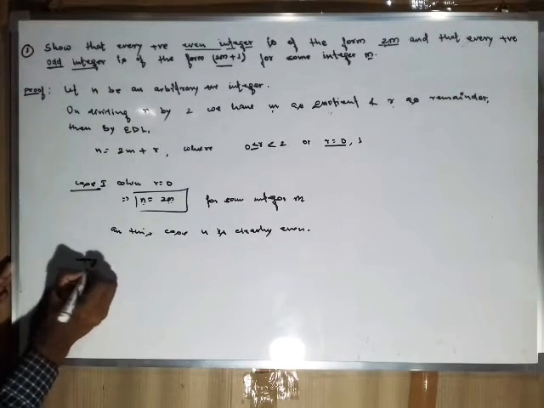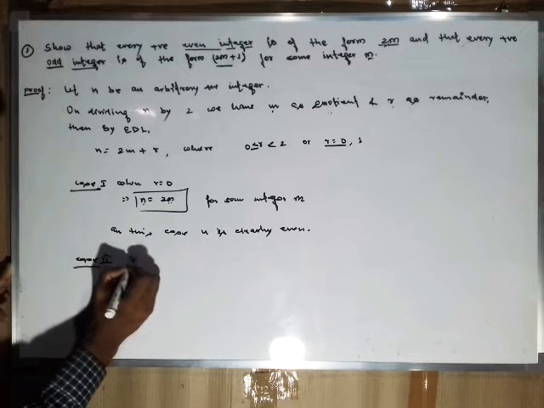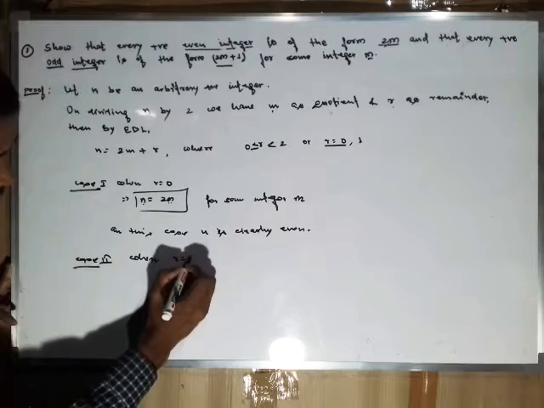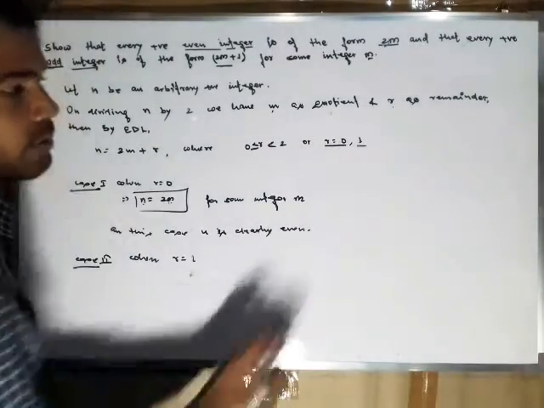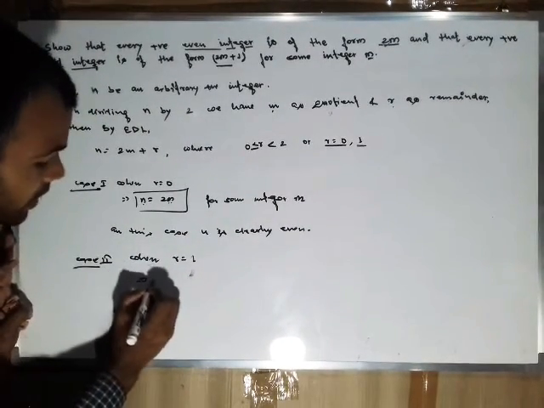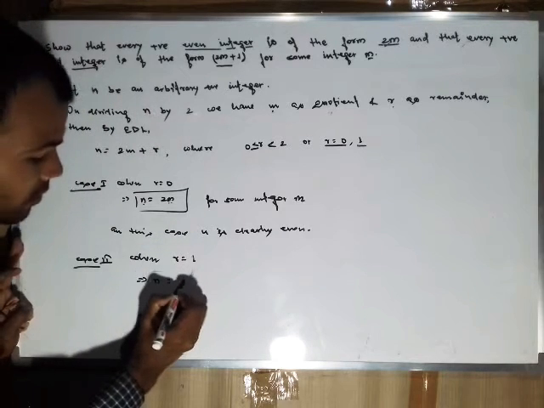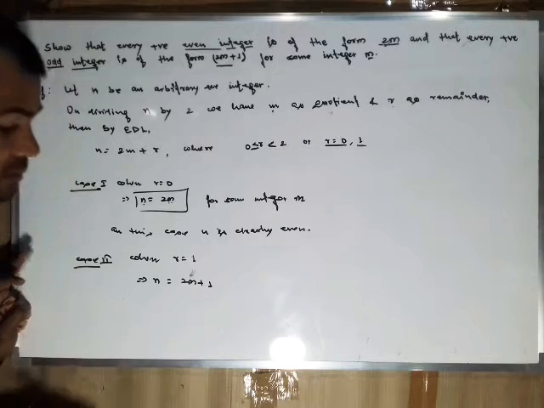Now case 2: when the remainder is equal to 1, this implies that n is equal to 2m plus 1. Is there any problem?